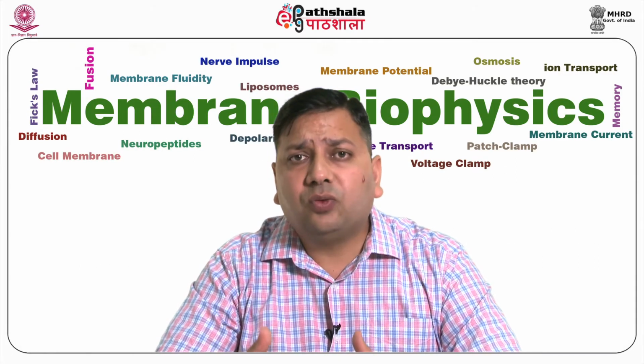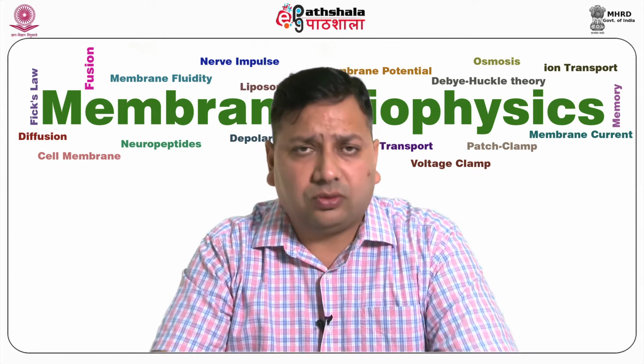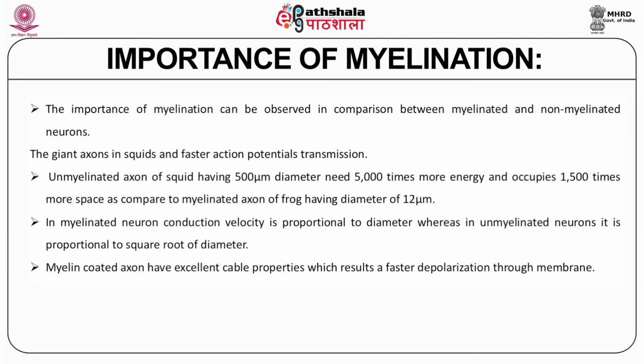Now, after this, we'll talk about the importance of myelination in axons. The importance of myelination can be observed when you compare the functions of myelinated and non-myelinated neurons. The giant axons present in squid allow faster action potential transmission.